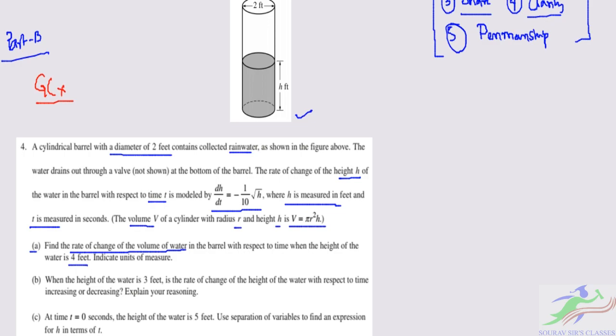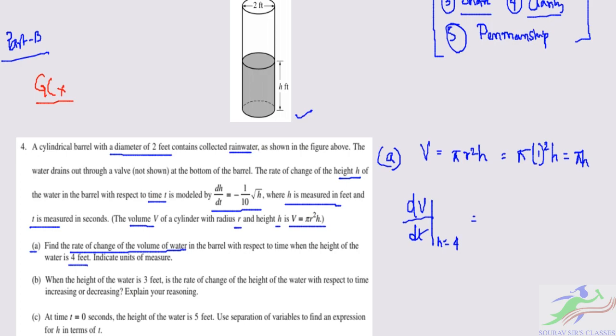V is πr²h, as given. Here r is 1, so V = π·1²·h, which is simply πh. So dV/dt at h = 4 is π dh/dt at h = 4.